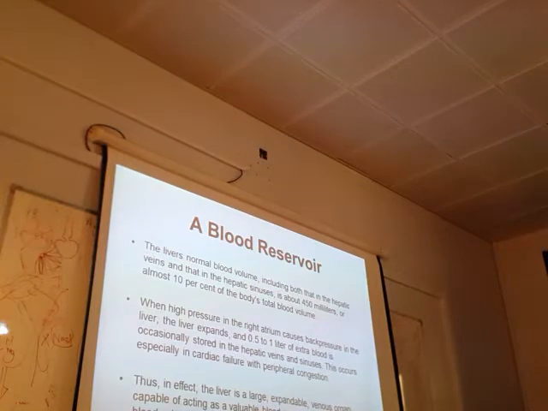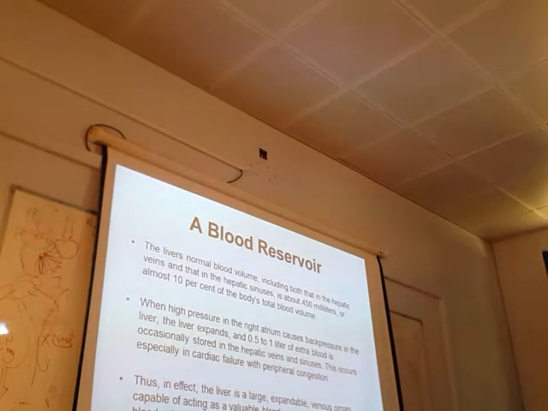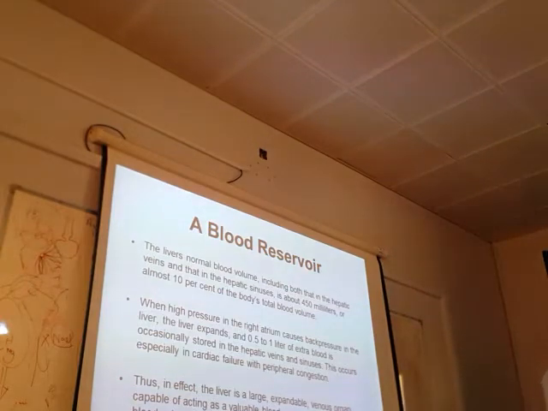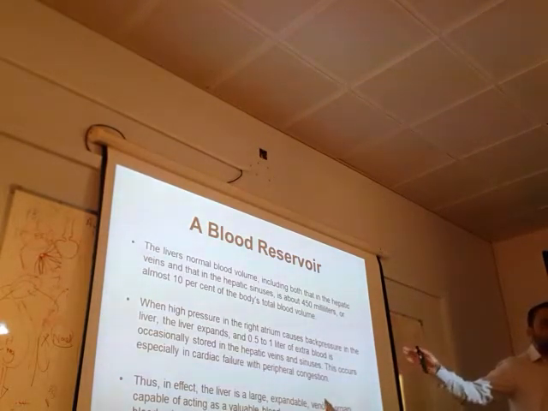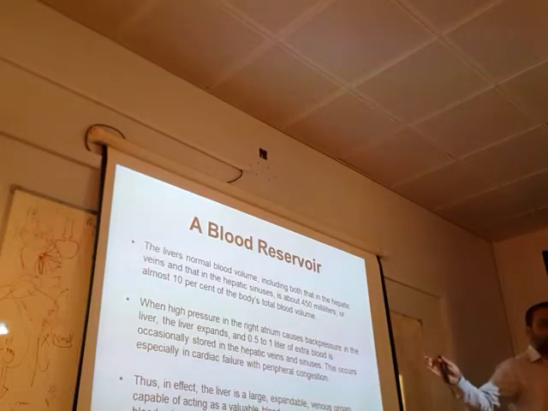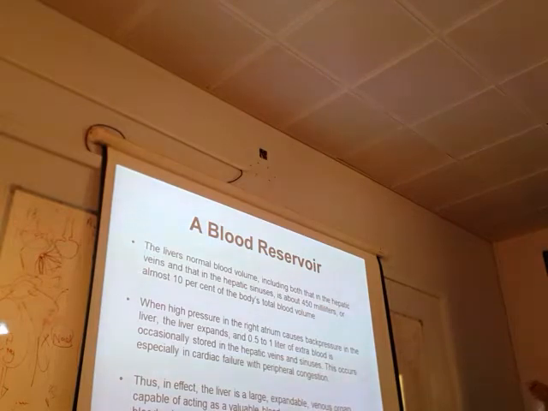First one, blood reservoir. Normally, because you know in the hepatic sinuses, etc., about half a liter of blood is there, about 450 milliliters. So almost half a liter of blood is there in the liver. You can say it is an organ which has a lot of blood in it.